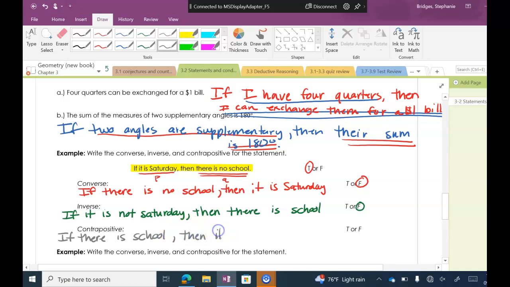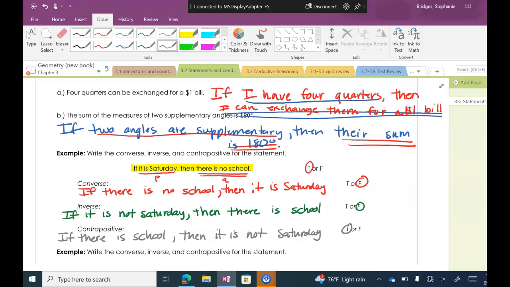That is correct. And would that be true or false? That's true. If there is school, it's not going to be a Saturday, right? Do we get the idea?